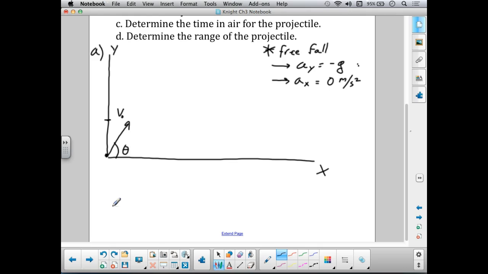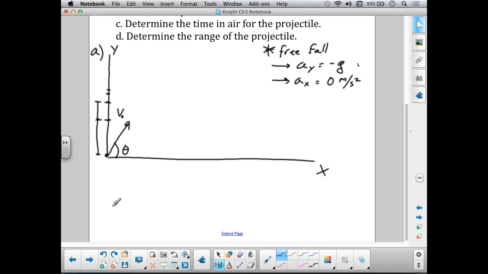So the spacing between the dots on my motion diagram is going to have to get closer and closer every time. Whatever this distance is right here, it must be longer than this distance over here, because I'm moving a smaller distance in the same amount of time at each time frame, because I'm slowing down.